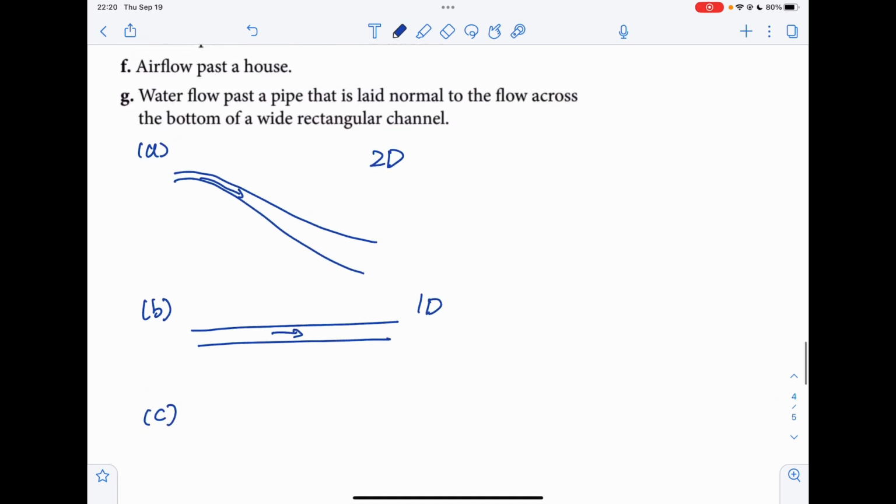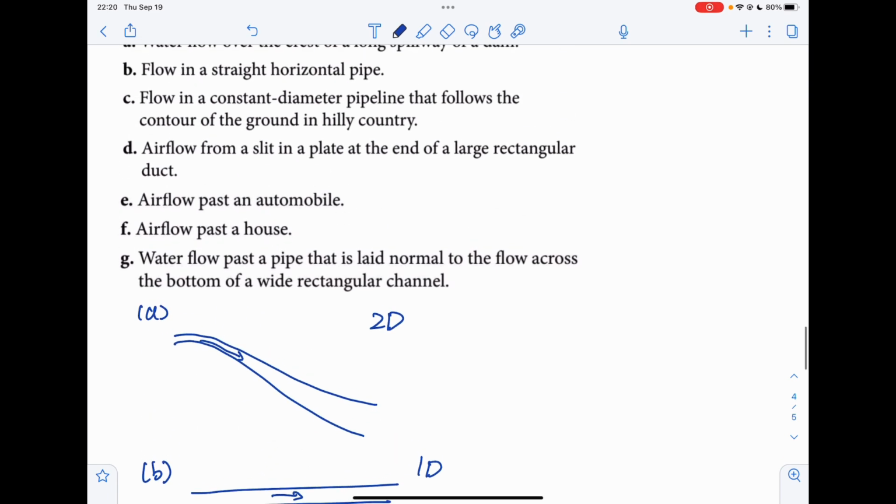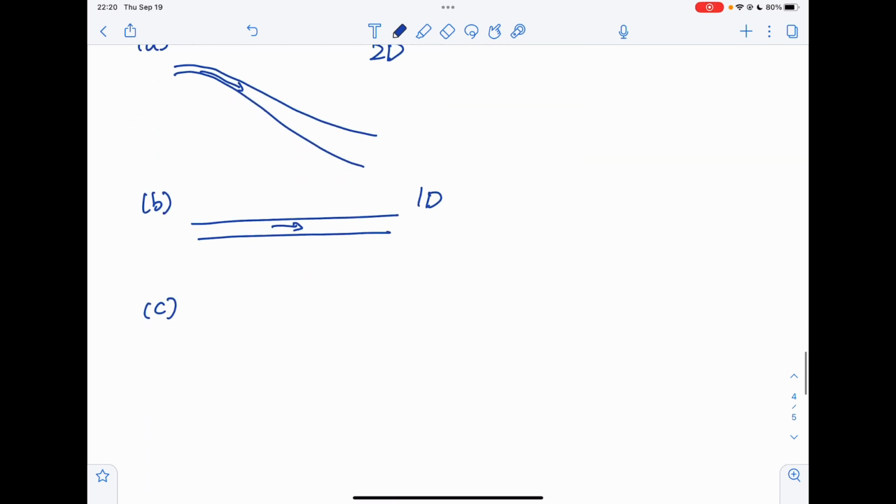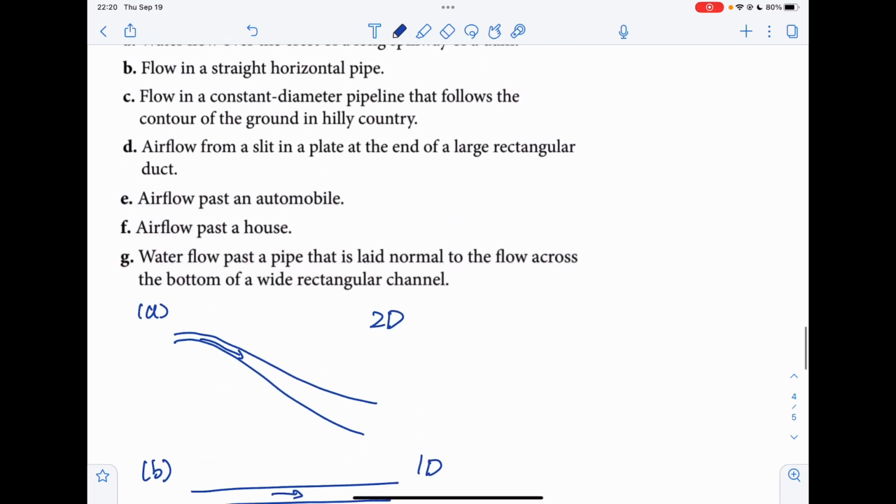For C, flow in a constant diameter pipeline that follows the contour of the ground in hilly country. So it's kind of confusing because it has much more description about where the pipe goes, but the thing is it's still a constant diameter.